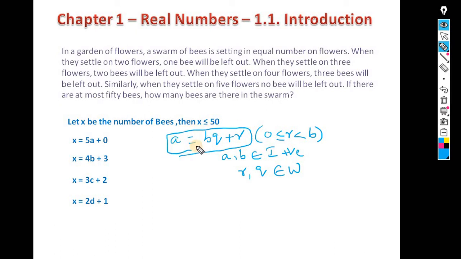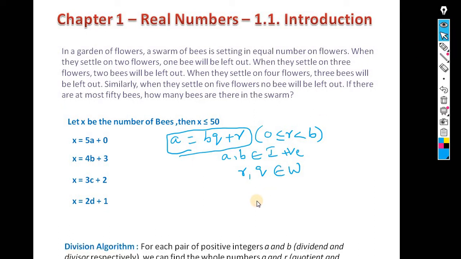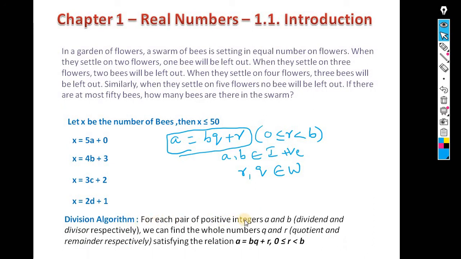Let us see the definition of the division algorithm first, and then we will solve this puzzle. The division algorithm says, for each pair of positive integers A and B, where A is X here and B is the number that is varying here, the dividend and divisor, we can find the whole numbers Q and R. Q stands for quotient, R stands for remainder.